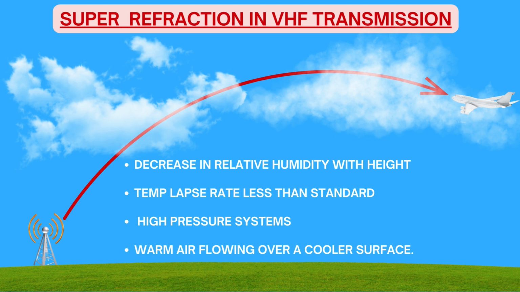The conditions which give rise to super refraction are decrease in relative humidity with height, temperature lapse rate less than standard, high pressure systems, warm air flowing over cool surface. All these conditions just lead to one thing. They are reducing the refractive index with increase in height, so radio waves keep getting refracted, curves towards the Earth's surface and give larger ranges.